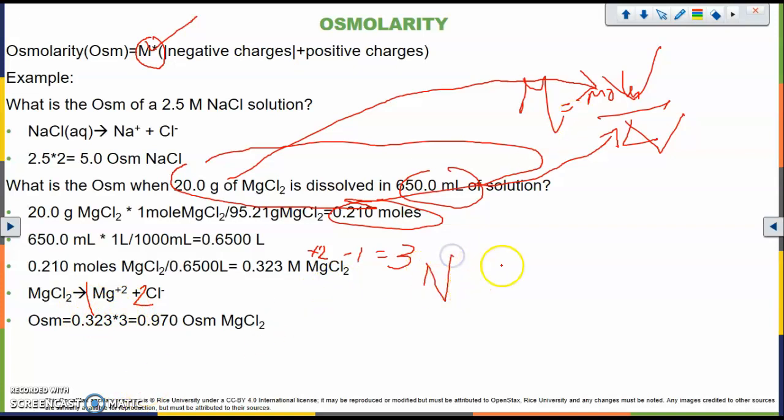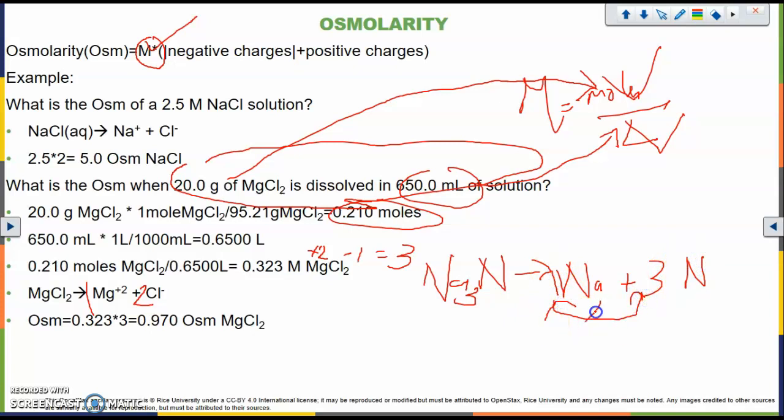In the previous example, which was the sodium nitride, we know for a fact if this dissociates, we have 1 sodium plus 3 nitrogens. And so we add the 1 here plus the 3 here. We get a 4. Right?